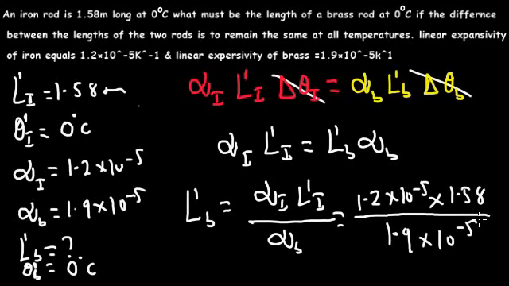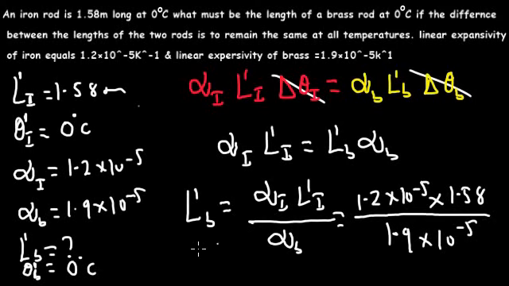Perfect. So I'm using my calculator for that. So I have 1.2 times 10 to the power of negative 5, then multiplied by 1.58, then divided by 1.9 times 10 raised to the power of negative 5, okay, perfect.